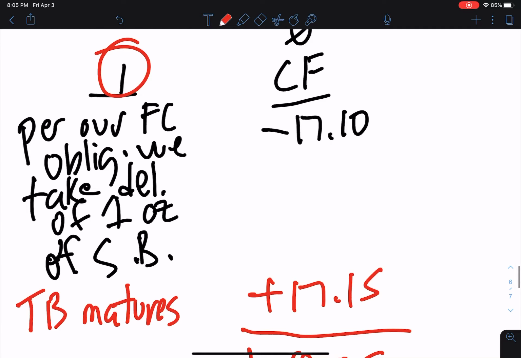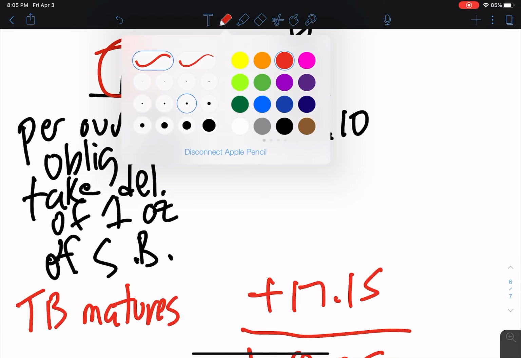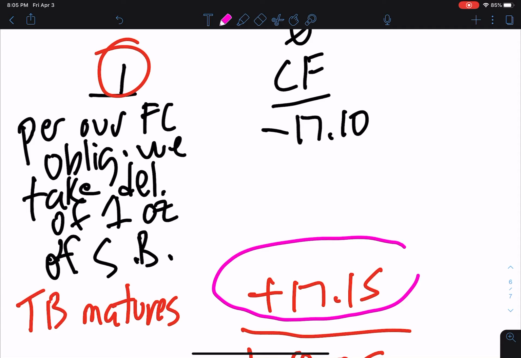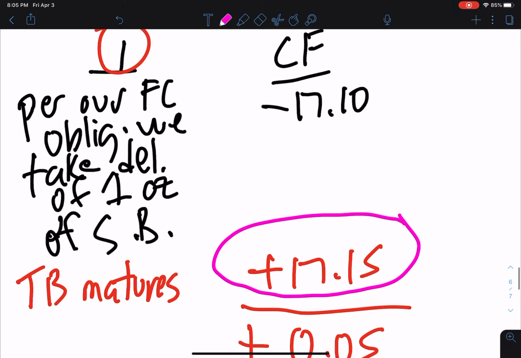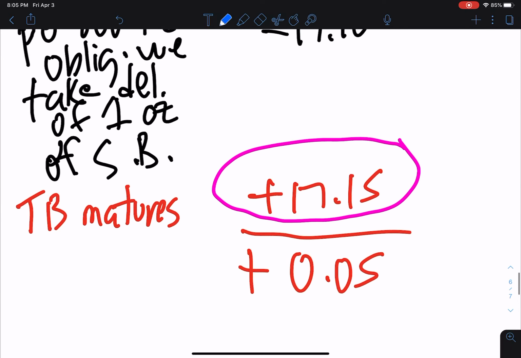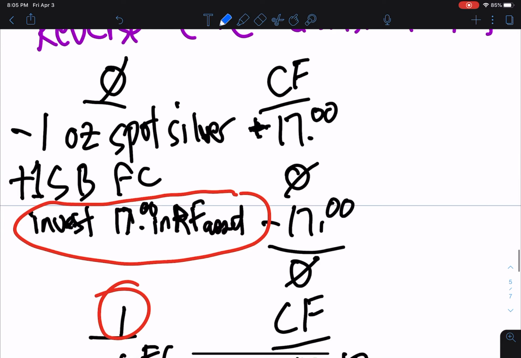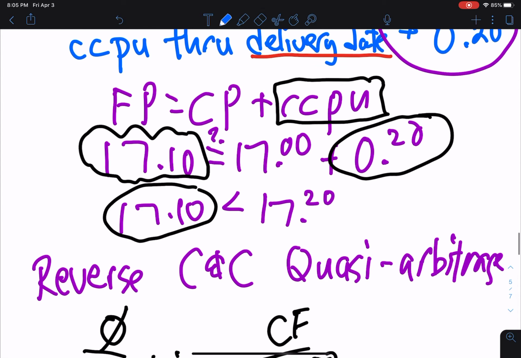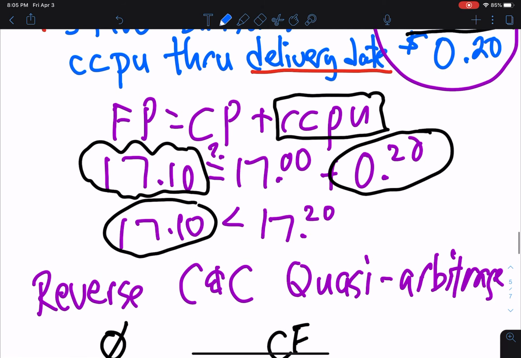And again, we had to know this maturity value in order to decide and choose to undertake this series of trades. Otherwise, we could make a bad mistake. Okay, so that's crucial. Now, so what happened here? Well, we thought the futures price was too low.